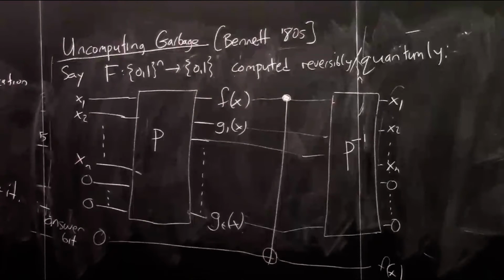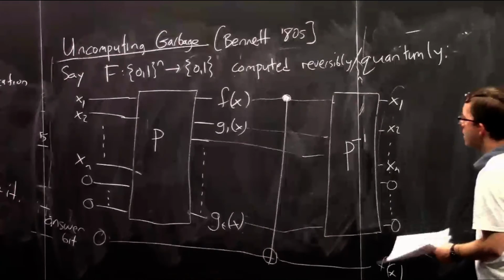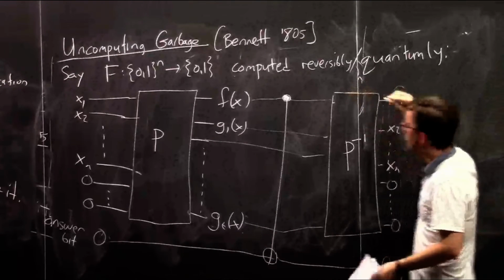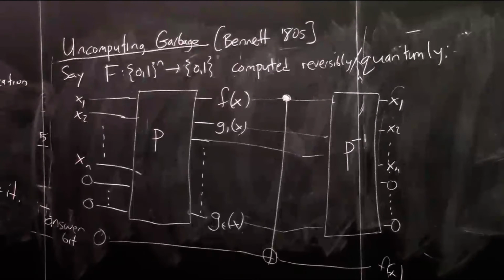Is the answer entangled? What's that? Is the answer entangled with something? No. I mean, it used to be entangled in the middle, right? So now what happens? I think when we talked about it last time, we agreed that the answer is entangled with all the inputs, right?